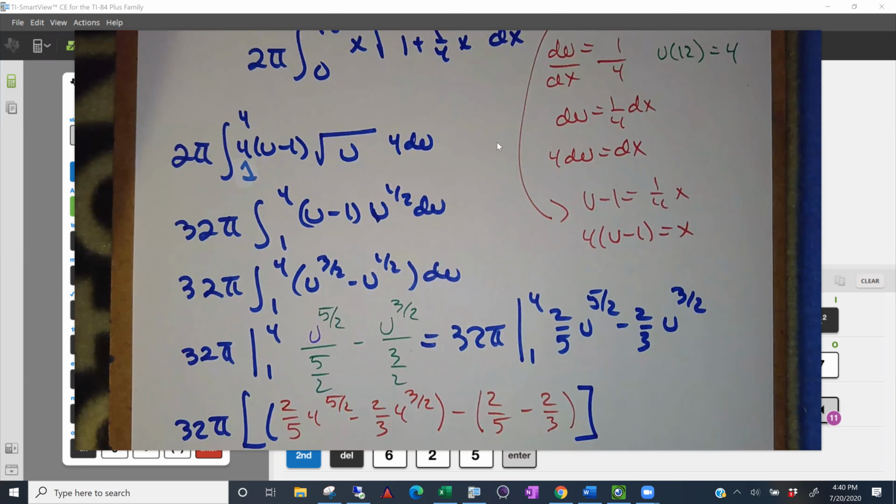All right. 4 to the 5/2, that's going to be 2 to the 5th, that's going to be 32 times that. It's going to be 64/5 minus what? 16/3. Tell you what, let's just finish this off with our graphing calculator.